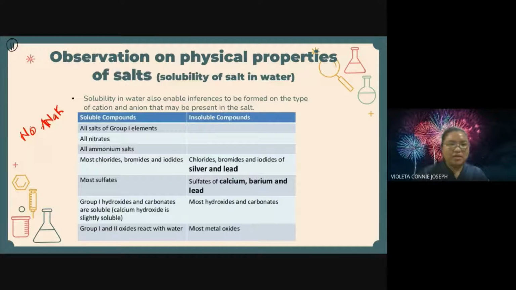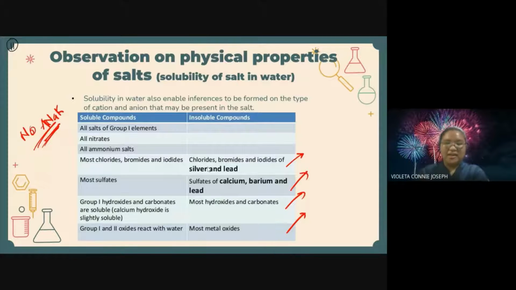Most of these salts are soluble. So solubility in water also enables inferences. Basically, if it is soluble, we can think that the anion in this salt has something to do with nitrate or ammonium. If they're insoluble, maybe it's part of the other group. So you have an inference: if it's soluble, there must be nitrate, or there must be ammonium.